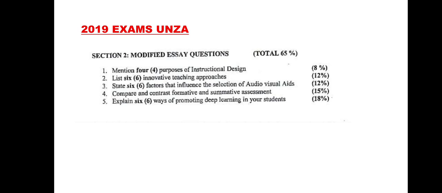Then the other one is class size. What does class size mean? In cases where you have a large class, these large classes need visual aids that everyone can see and everyone can hear.